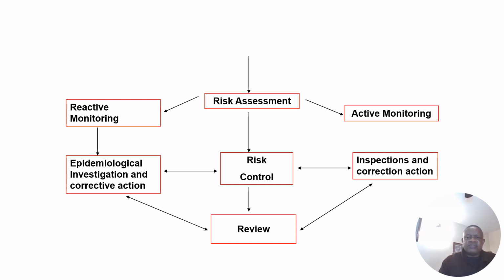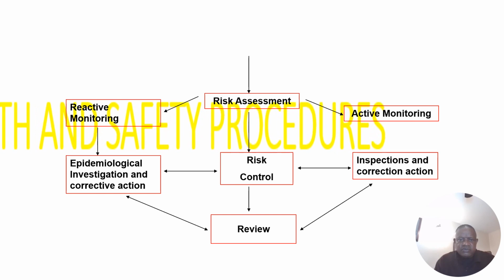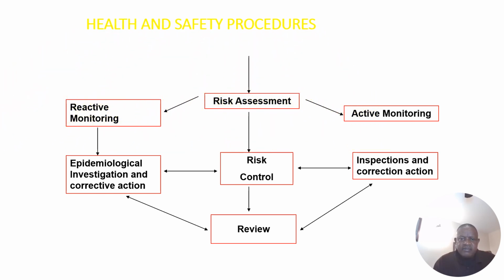These are some of the elements or processes involved in risk assessment: active monitoring, inspection and corrective action, review, and then investigation and corrective actions, and then reactive monitoring. Reactive monitoring means you are now reacting to a situation that has already occurred. Then we say also that those are some of the areas that we talk about: health and safety procedures.